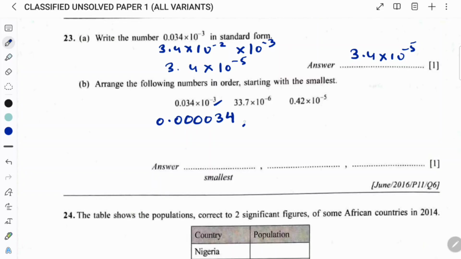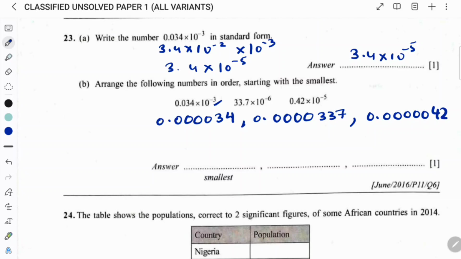Alright, so this will become... also you can change the 0.034, you can do it like this. The 2 digits are already behind the decimal, so we put an extra 4 zeros. The next one has 5 zeros, 0.1 2 3 4 5 4 2.